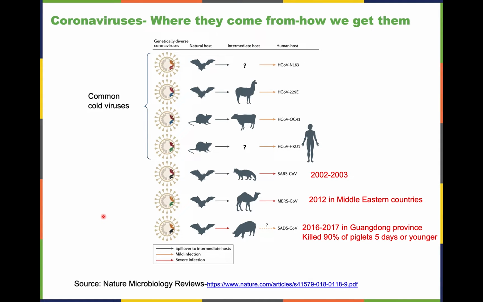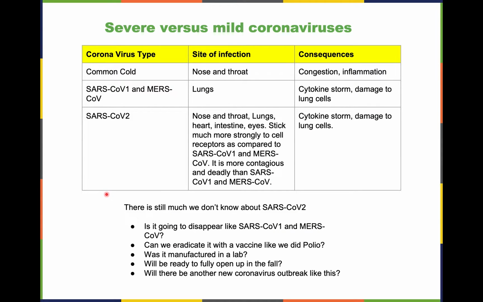This paper was published in March of 2019. And by the time it was published, we had not known about COVID-19, the virus that is responsible for COVID-19. So what do we know now about SARS-CoV-2 as compared to other coronaviruses?